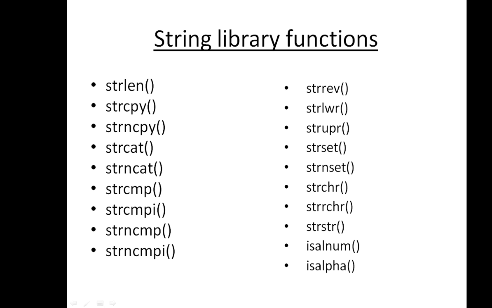Plus we have two more special functions called isalnum and isalpha. So we have more than 25 string built-in functions in C, but we are going to learn the basic 5-6 functions alone as of now.